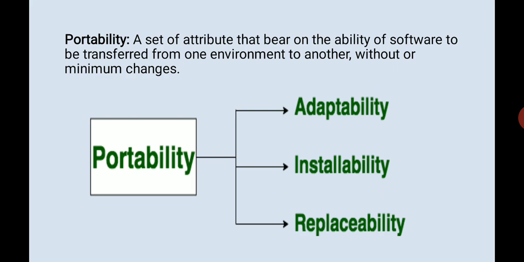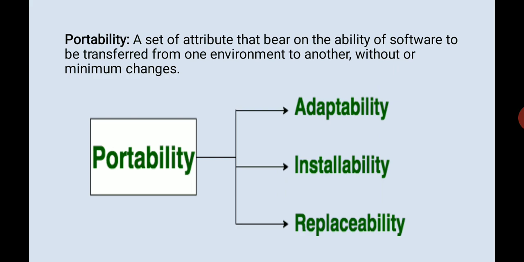Okay, next is portability. Portability is a set of attributes that bear on the ability of the software to be transferred from one environment to another, from one platform to another, with no changes or very few, negligible changes, right?